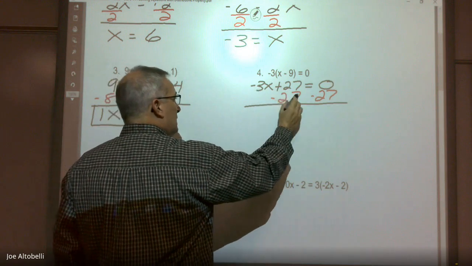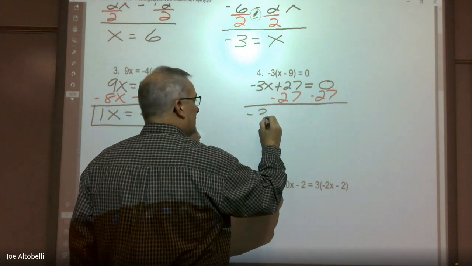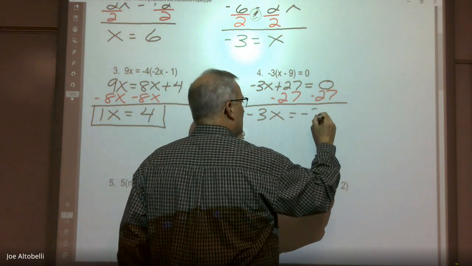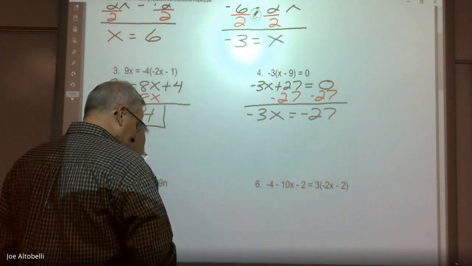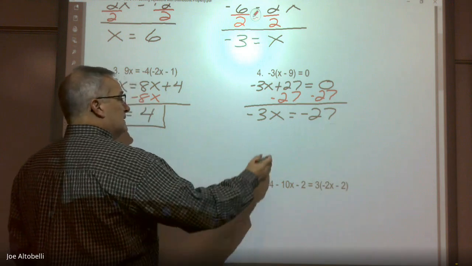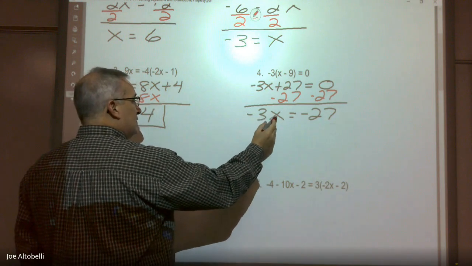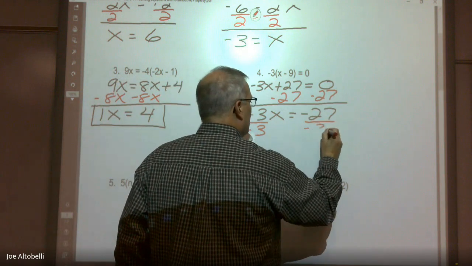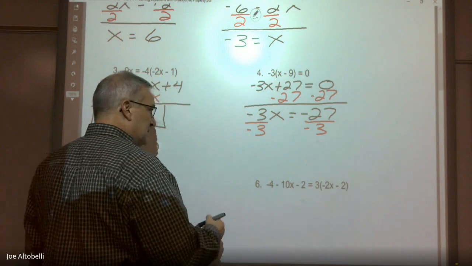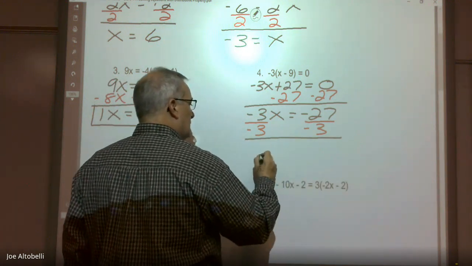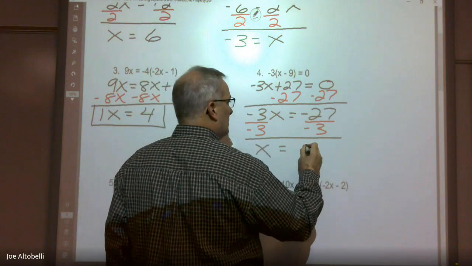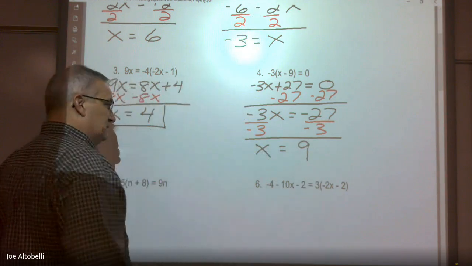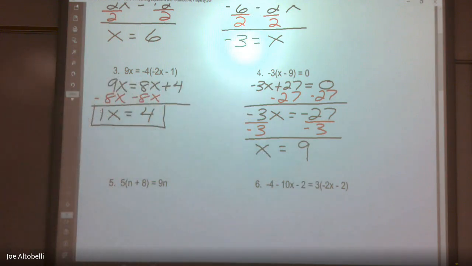Negative 3x plus 0 is a negative 3x equals 0 minus 27, negative 27. I'm multiplying by a negative 3, so I divide by the negative 3. X equals 27 divided by 3 is 9. So we get a positive 9.